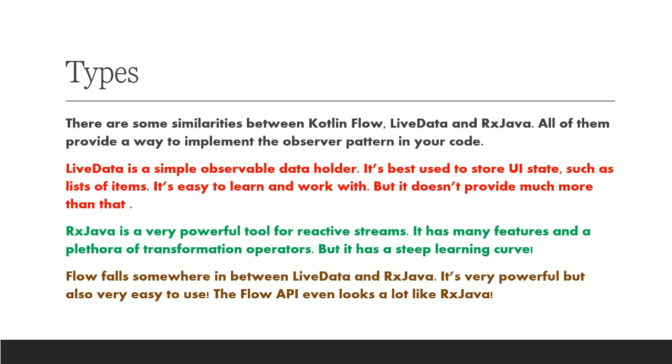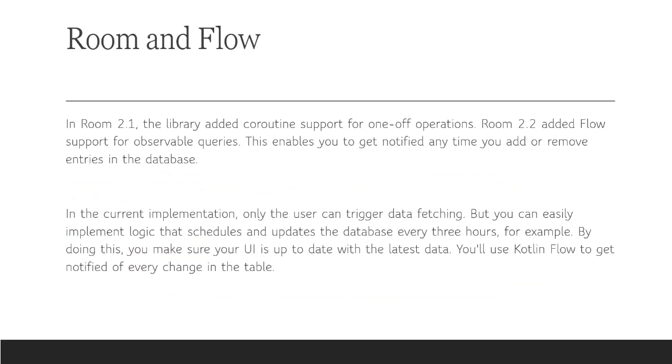It has many features, transformation operations, a lot of things. And the last is your flow. Flow falls somewhere in between LiveData and RxJava. It is very powerful but also very easy to use. How we can use that, we'll discuss. We will also discuss today how we can use flow with Room, and I will give you an example on that.